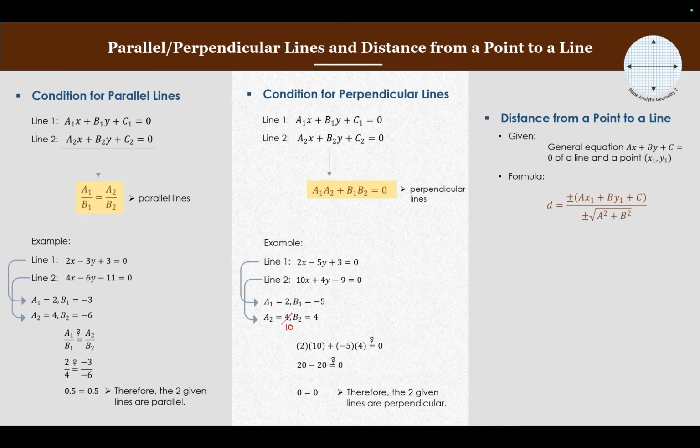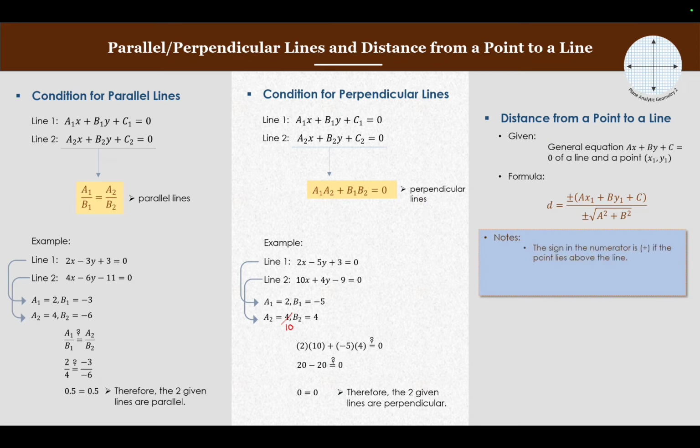The formula to get the distance from the point x sub 1, y sub 1 to the line ax plus by plus c equal to 0 is d is equal to positive or negative a times x1 plus b times y sub 1 plus c over positive or negative square root of a squared plus b squared.